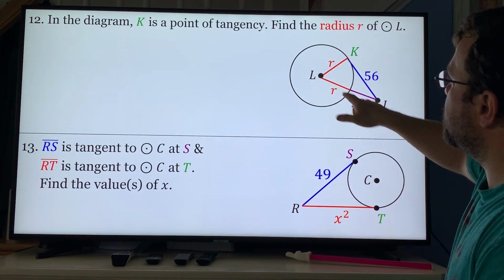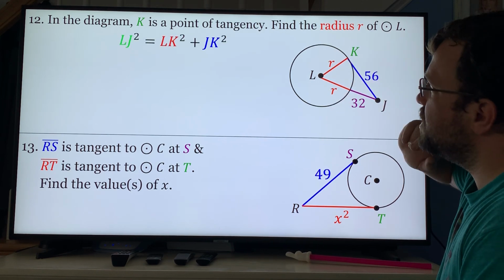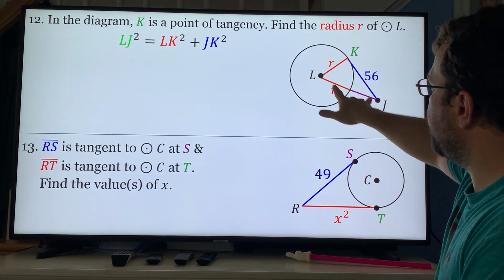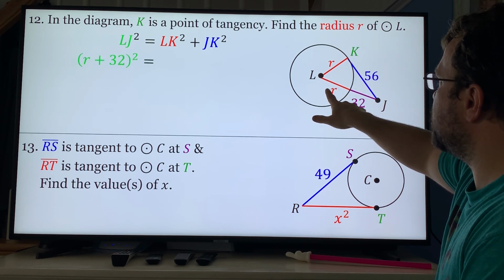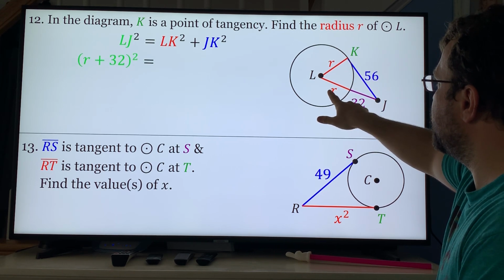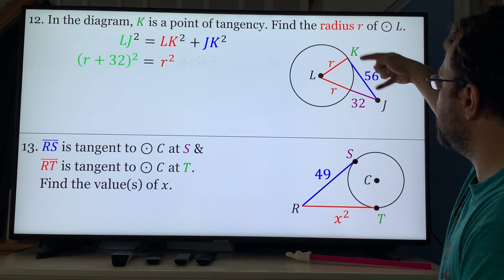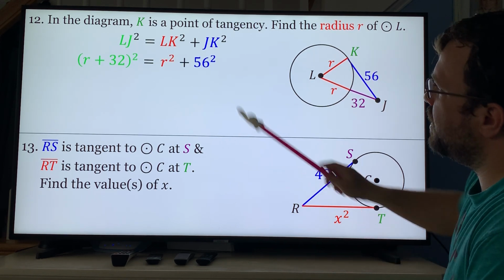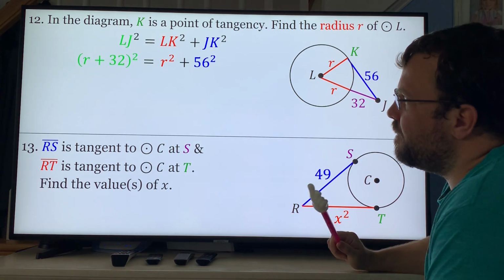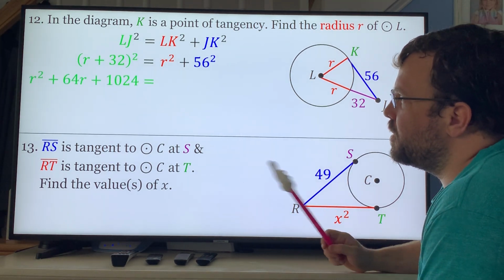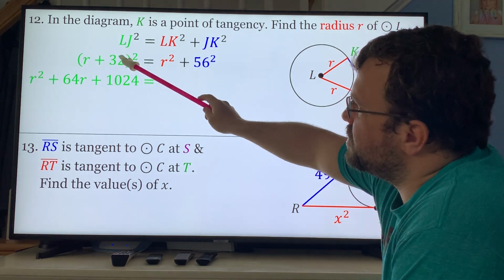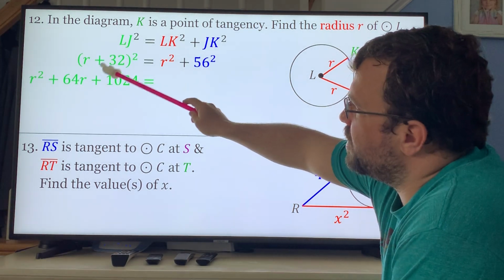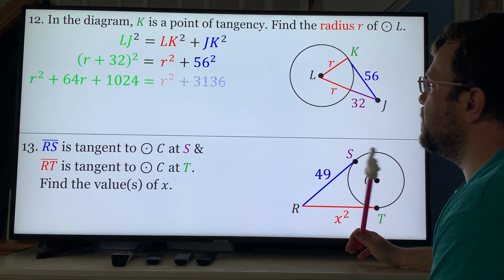All right, this one you have to see if this is a right angle. So you want to see if LJ, the hypotenuse, squared is equal to both legs squared. Hypotenuse squared is r plus 32 squared. Does that indeed equal r squared plus 56 squared? When you FOIL that, you're doing r times r is r squared, r times 32 is 32r, 32r plus 32r is 64r, 32 squared is 1024.